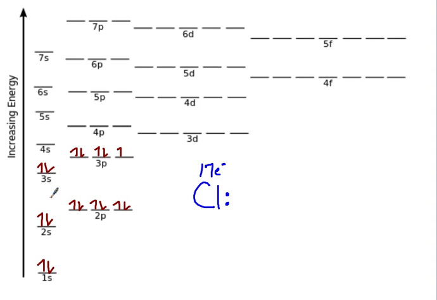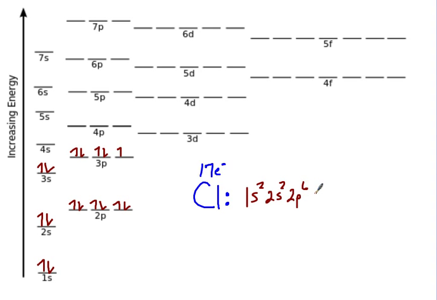Okay, so that brings us to 17 electrons. Looks good. So what I want to do now is quickly draw up the electron configuration of chlorine so you can see how this diagram compares to the electron configuration that we already know how to do.